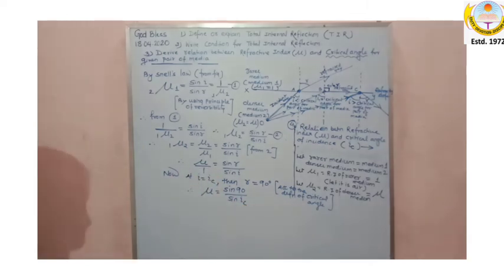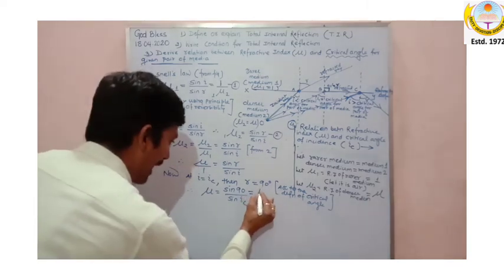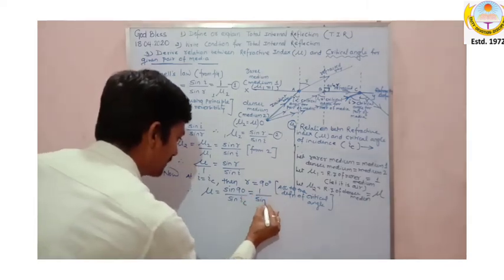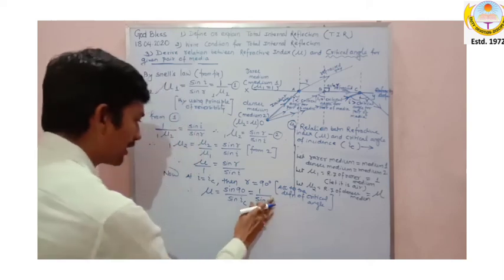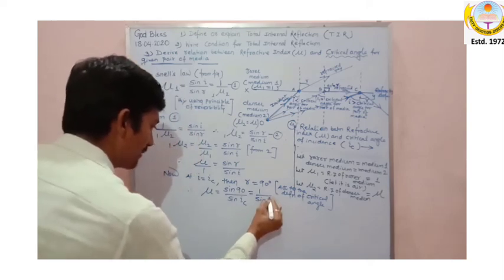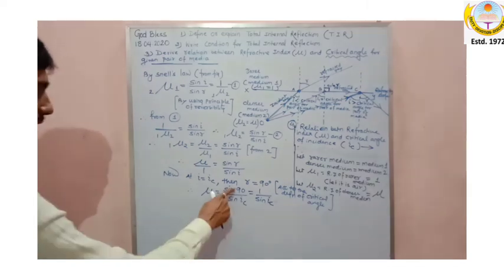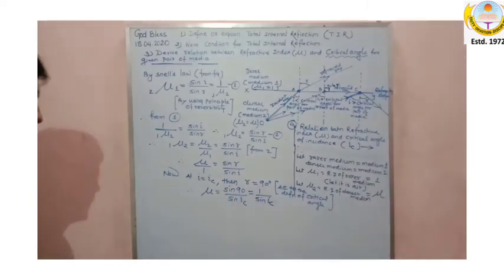You can see, I hope you are getting me. And this is equal to 1 upon sine IC, because you can see the sine 90 is 1.